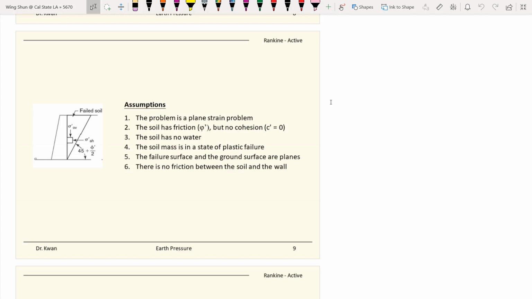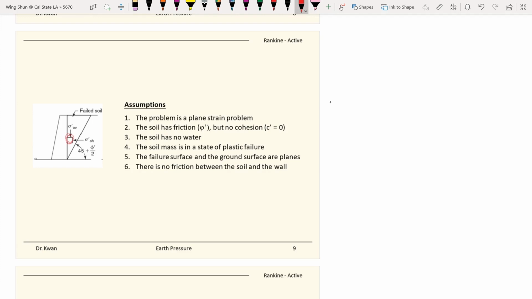So this Rankine method is solved from a piece of soil element. You can see here on this figure, based on the stress state of a soil element behind the wall, we solve for it to find the Ka and Kp coefficients.